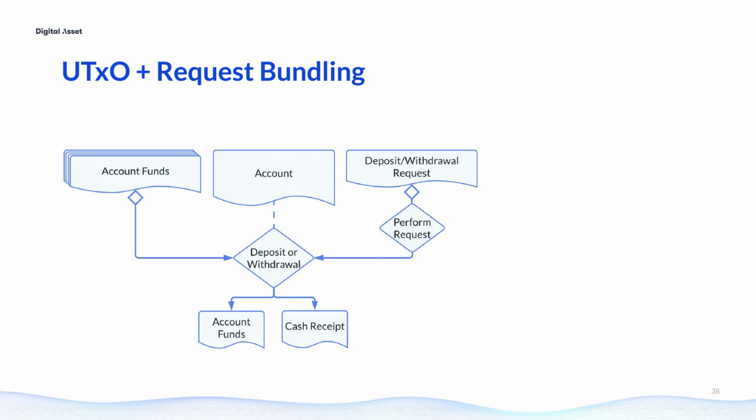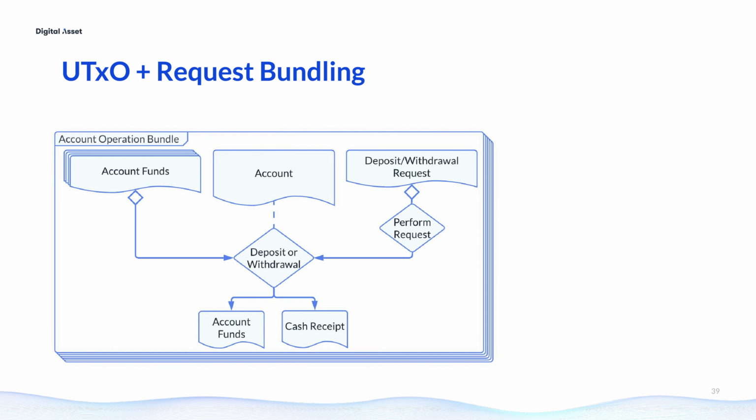Courtesy of our use of UTXO, we know these transactions are independent of each other, so we don't need to change that part of our model. Then we add the deposit and withdrawal requests from the batching design, only we implement them in terms of the regular UTXO deposit and withdrawal choices. This has various names.